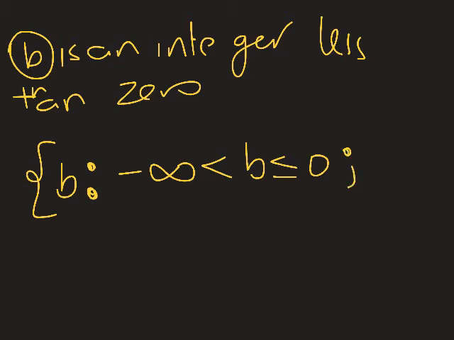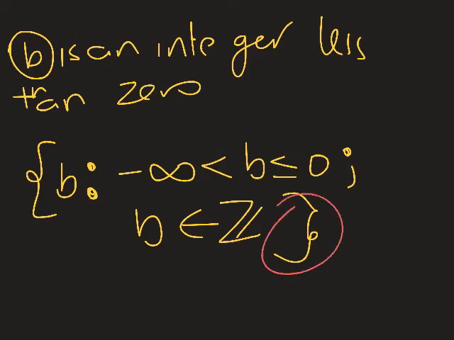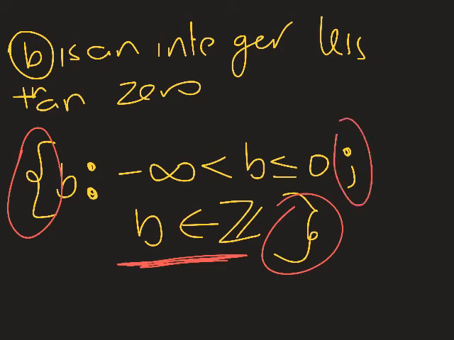We put a comma again, and then we say this b is an element of integers, and then we close our bracket. So our bracket is special in this case, and we specify which number system, which type of number it is. That's the only thing that we do, and we have a comma and a colon that says such that. So that's the only difference.